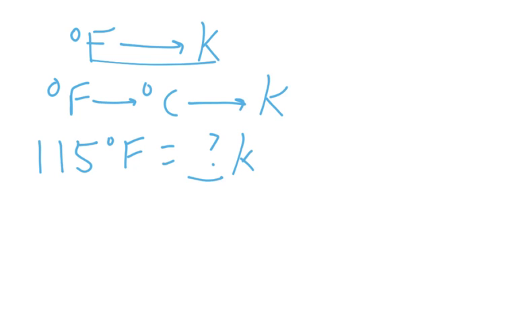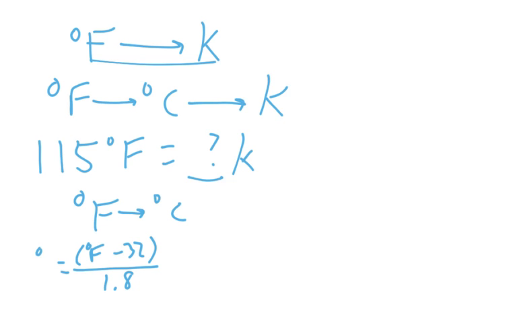So the first thing we've got to do is go from Fahrenheit to Celsius, and we'll use the first formula. If you recall, we put the Fahrenheit over here with parentheses. We're going to subtract 32 and then divide by 1.8, and that'll give us the Celsius. So we're going to have 115 minus 32.